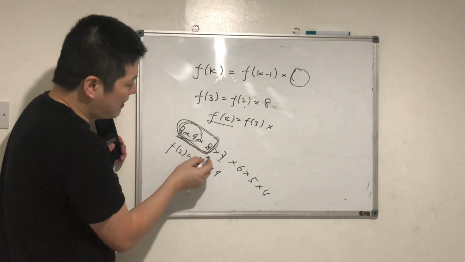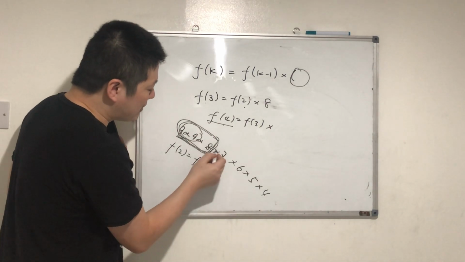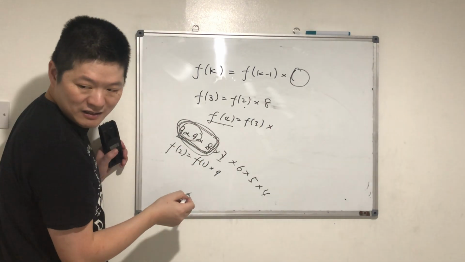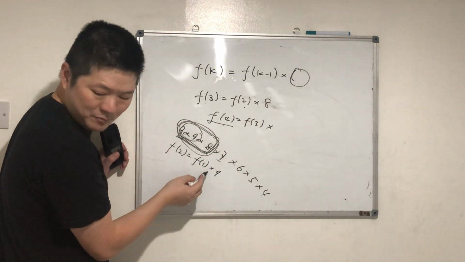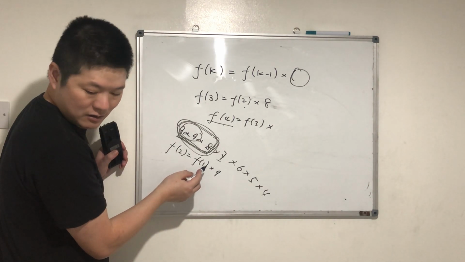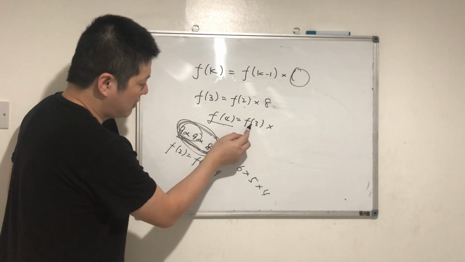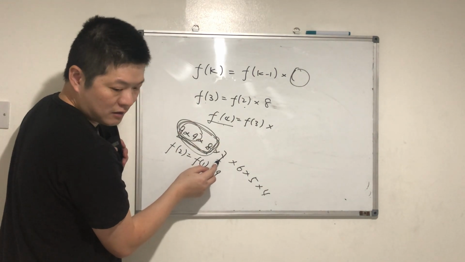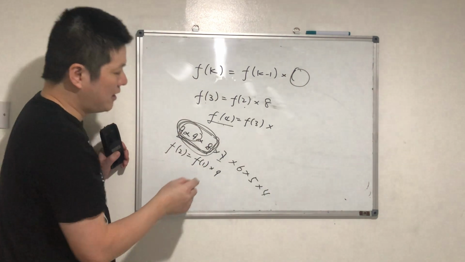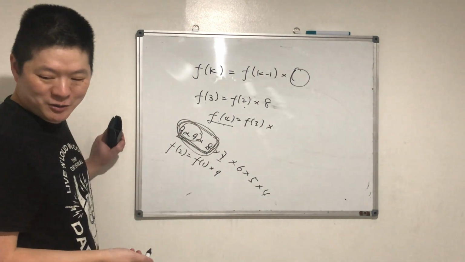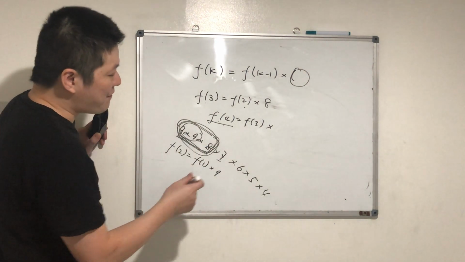F4 equals F3 times what? Come on, it's here. 7. 7, okay?